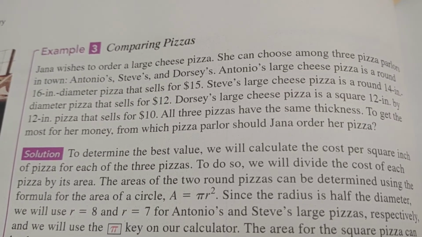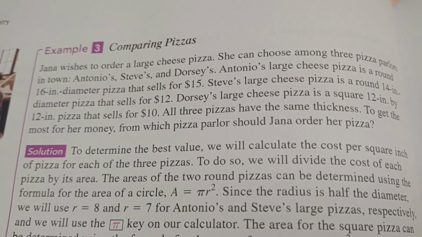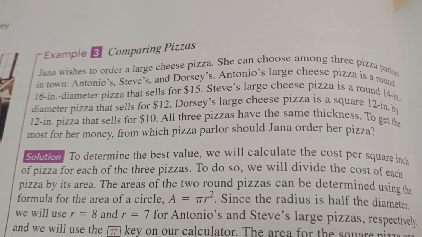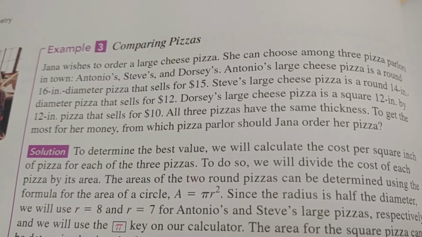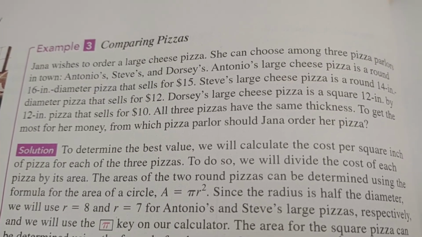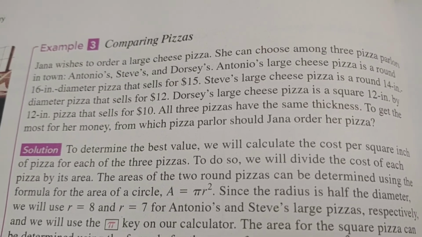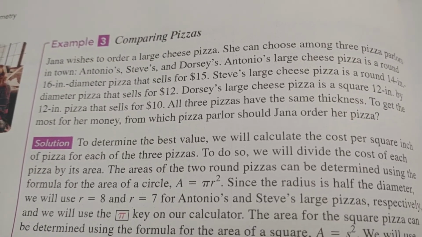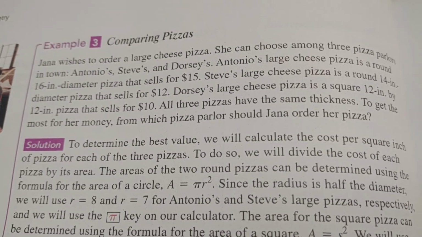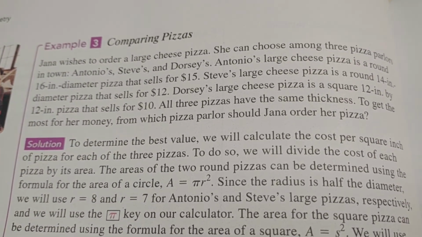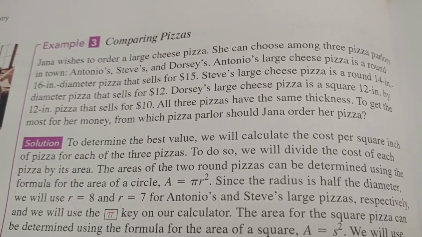Antonio's large cheese pizza is round, 16-inch diameter, and $15. Steve's large pizza is round, 14 inches, and $12. Dorsey's large pizza is 12 inches by 12, but it's a square pizza and sells for $10. All 3 pizzas have the same thickness. To get the most for her money, from which pizza parlor should she order?